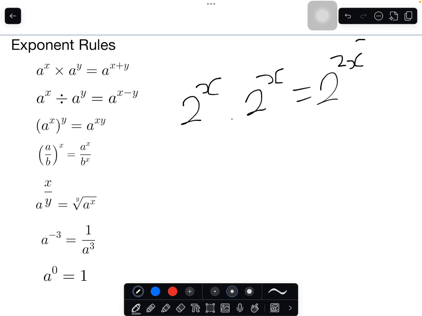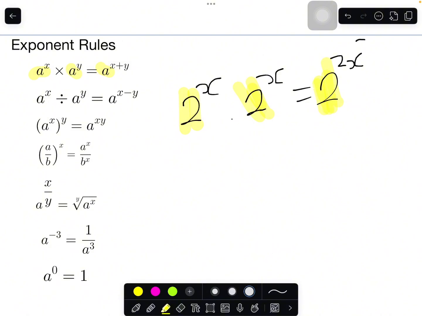I hope you guys start seeing the idea, as long as the bases are the same. And what is the base? The base is this part right here of your exponent. You can see here, that is your base. The a in this scenario, the 2 in this scenario, those are your bases.